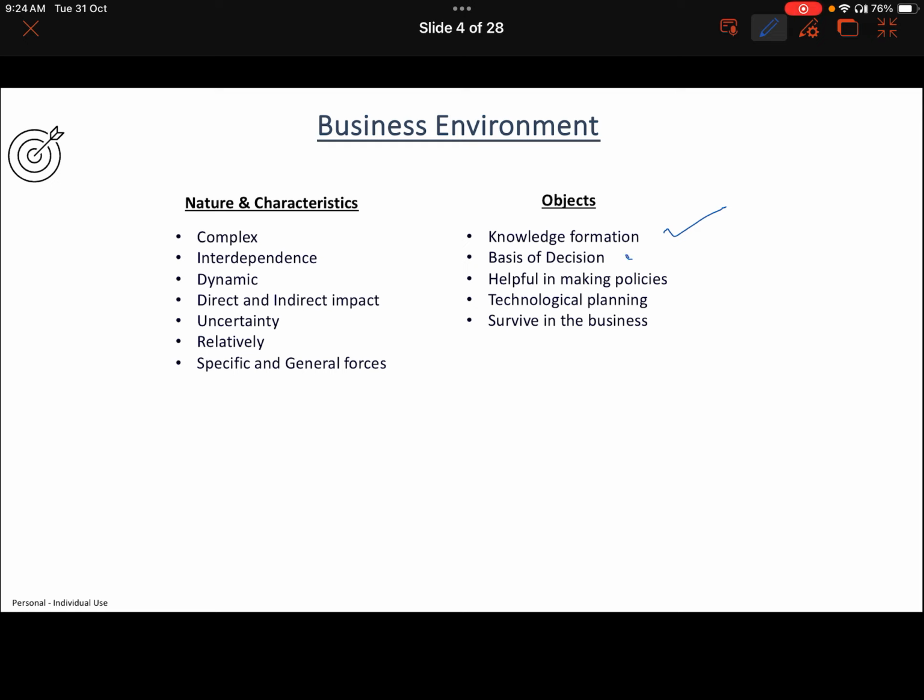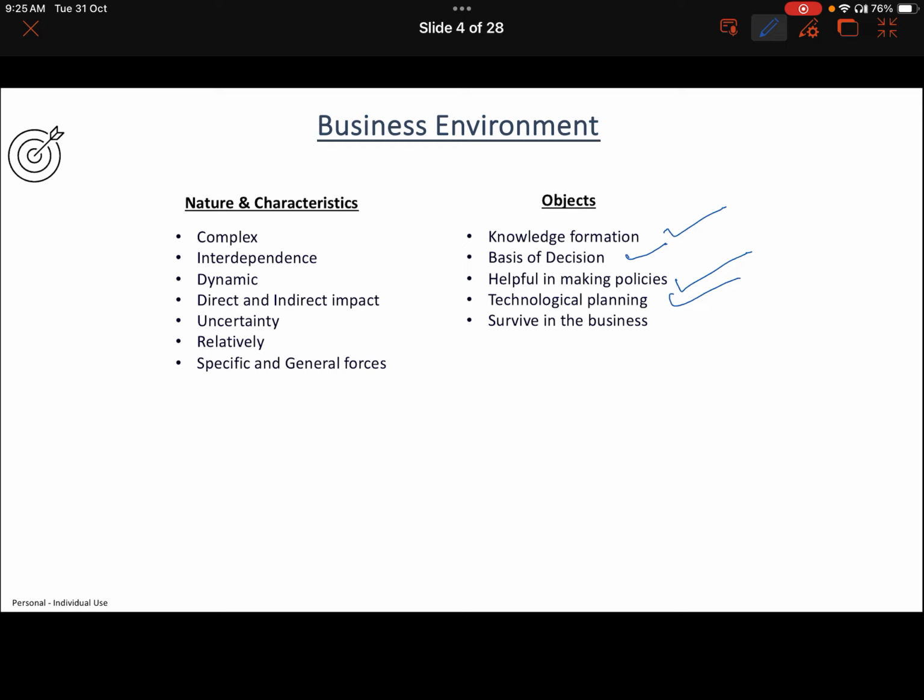So your company decisions will be based on the information we got during environmental analysis. The objectives of business environment study are to create the knowledge base, help in taking decisions on the basis of the knowledge collected, help in making policies, and also design the technological roadmap of a company, how the company should grow.